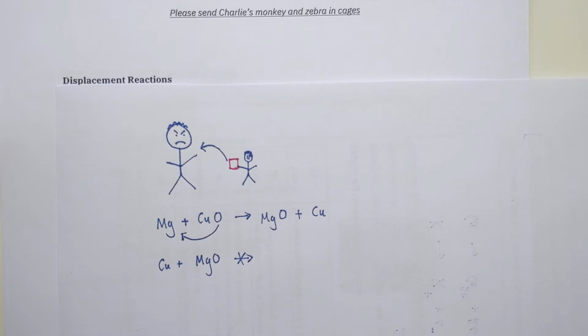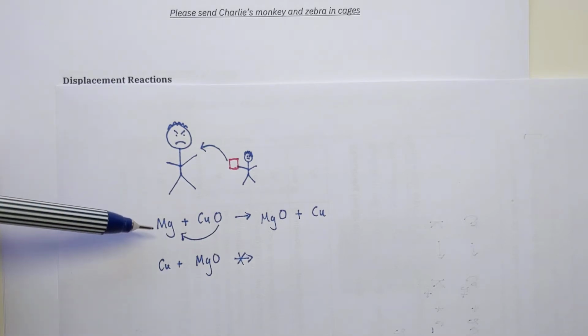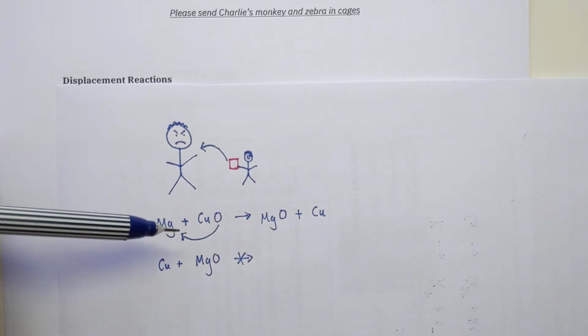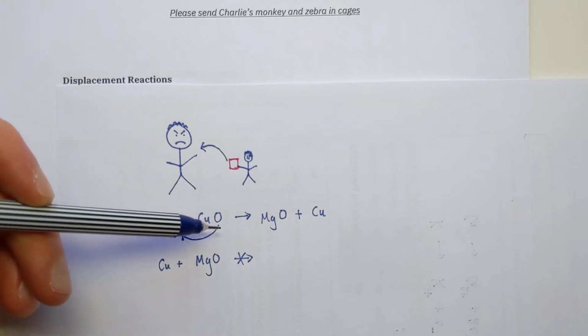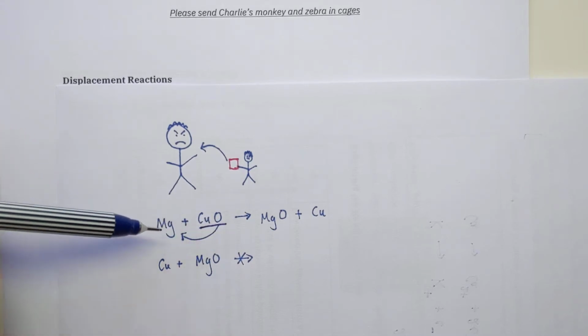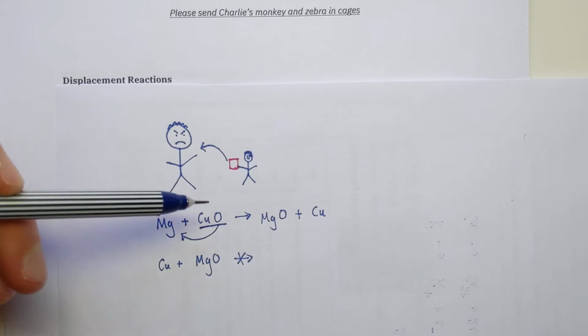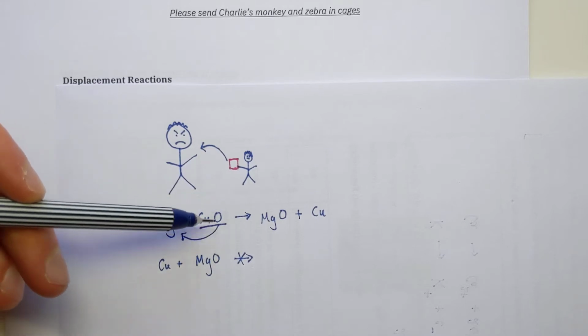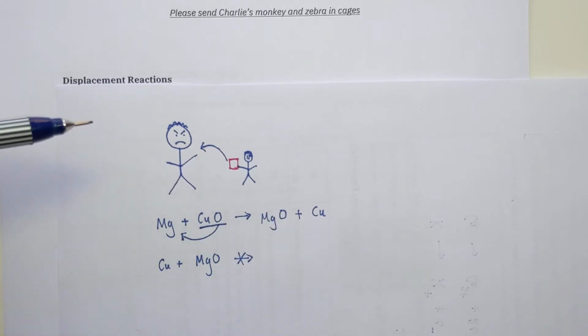So there'll be no reaction there, you won't see anything. So the key thing is, in a displacement reaction, it's between one metal and another. A more reactive metal is able to displace a less reactive metal from its compound. So it's always that order. The more reactive one has to be by itself, the less reactive one has to be in a compound at the start, and then you see it displaced from that compound.